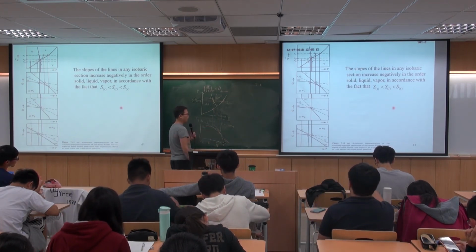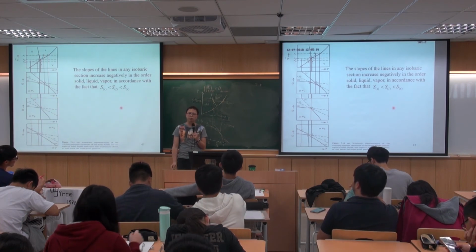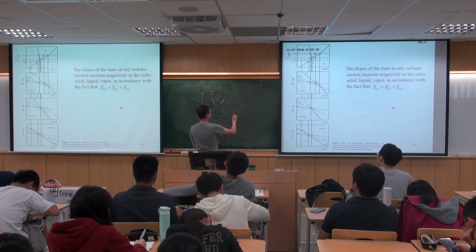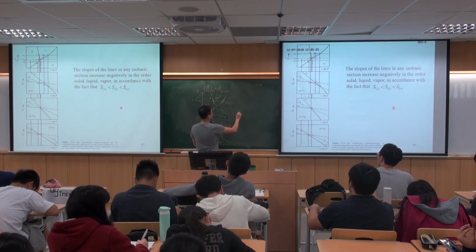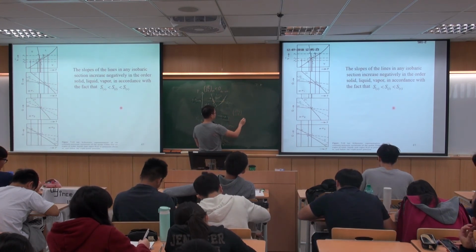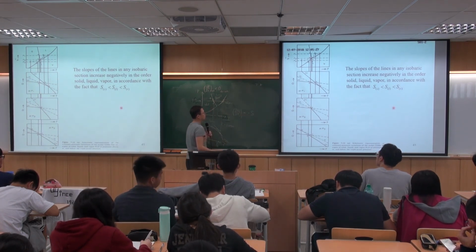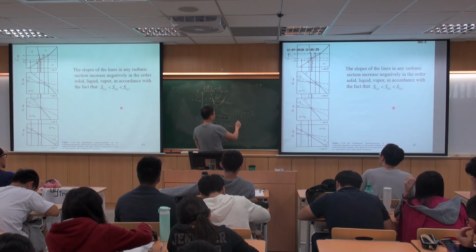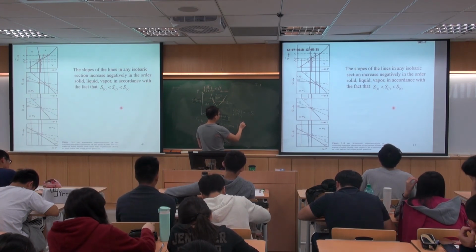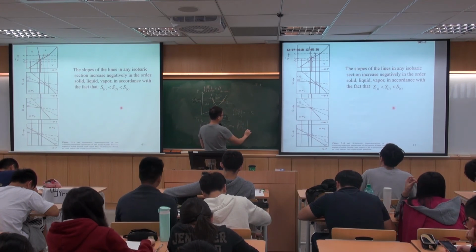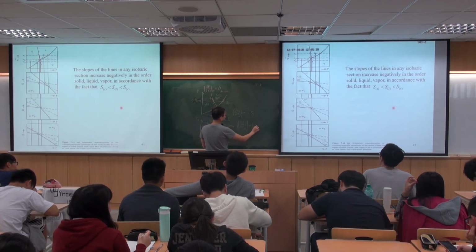So the magnitude of the slope is becoming greater and greater, right? Because, again, partial G partial T at fixed pressure is minus S. So if you're dealing with the slope, the magnitude of the slope is simply S, right?